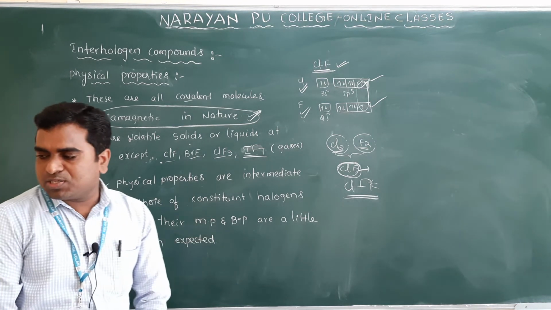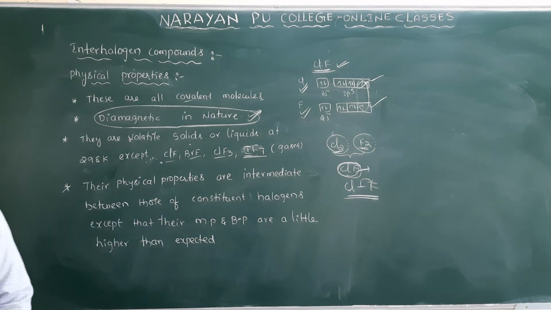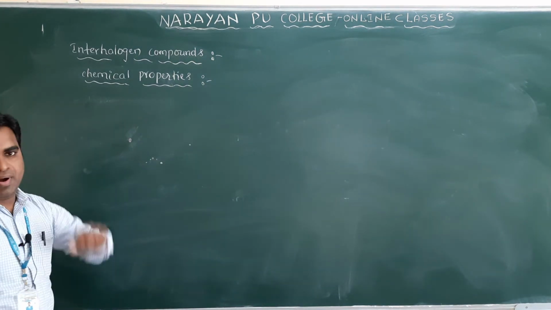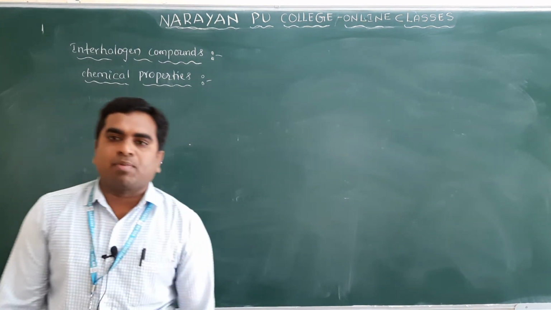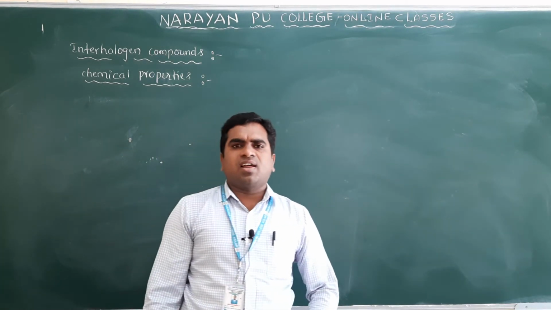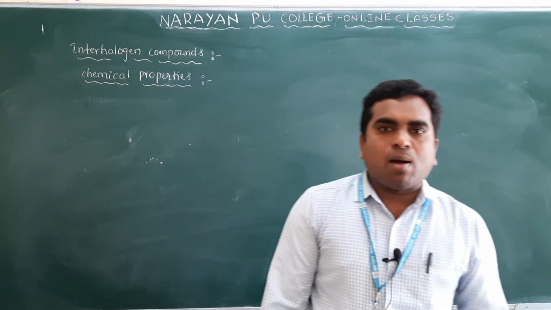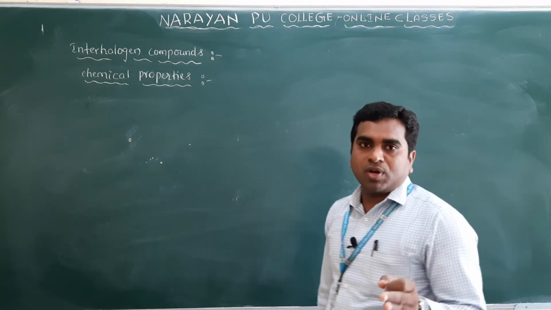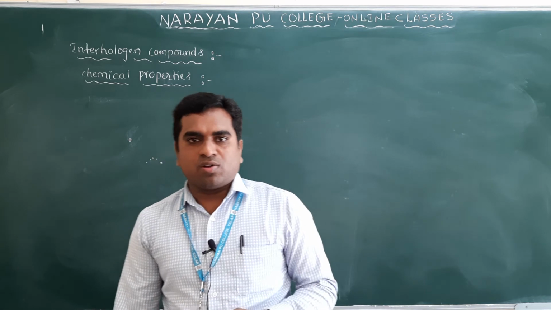So these are the physical properties. Next one is chemical properties. In general, interhalogen compounds are more reactive than halogens. This is a very important question for your PU examination also. Clear?